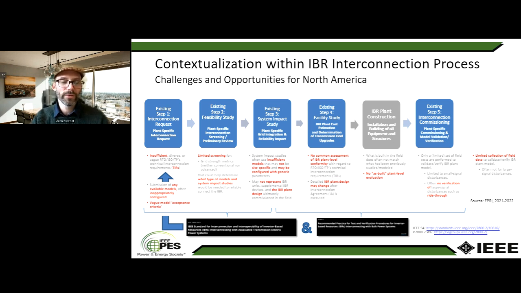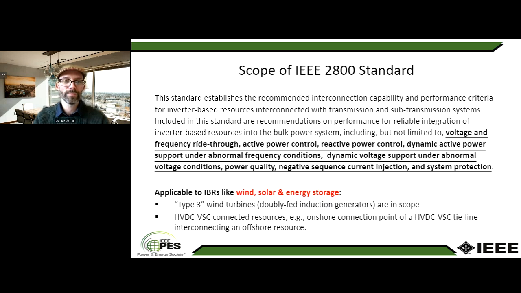This is where the new recommended practice that just started to be developed under 2800.2 can potentially fill that gap, which then leads to the construction of the plant, where as-built plant level evaluation may verify that the plant is actually built as designed. And then 2800.2 might also specify interconnection commissioning procedures as well as post-commissioning requirements. So this is just to contextualize where 2800 fits into some of these processes.